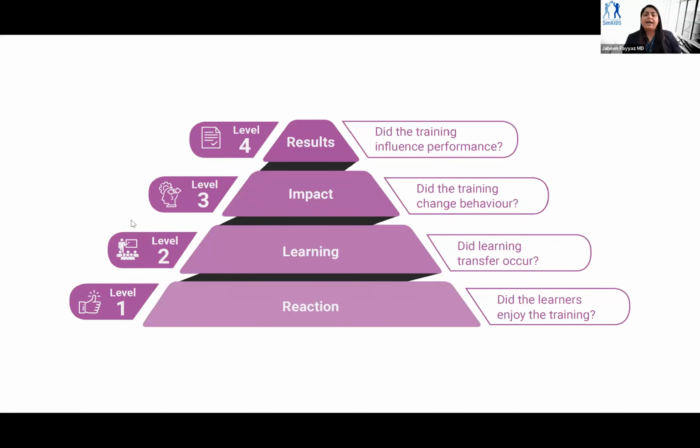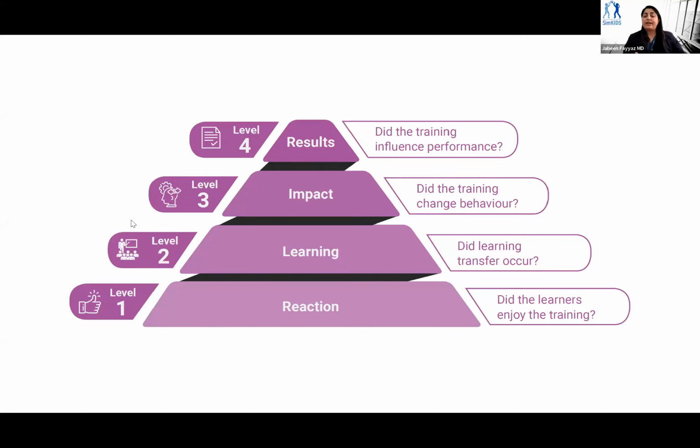For example, I introduce a simulation-based course for neonatal resuscitation, or you can say for intubation. The first level is, how do you feel about it? Did you like the course? Did it make you learn better? So these are level 1 and level 2. Then, impact: because of this simulation, are you able to manage neonatal resuscitation in a better way, so that their behavior changes?